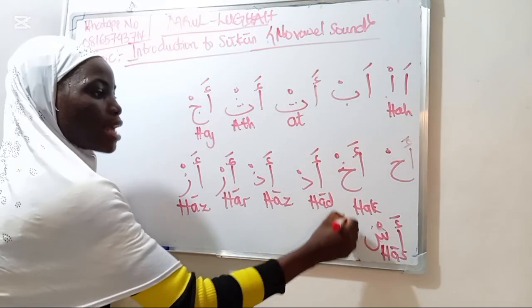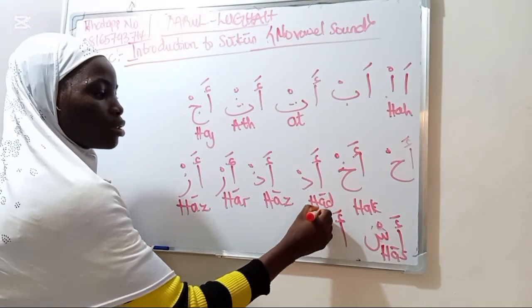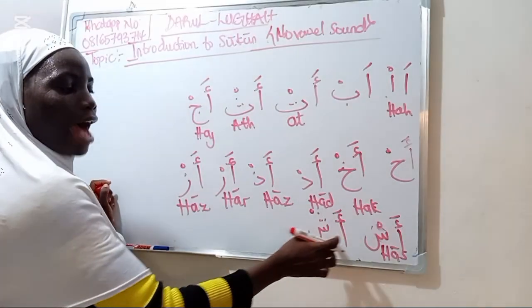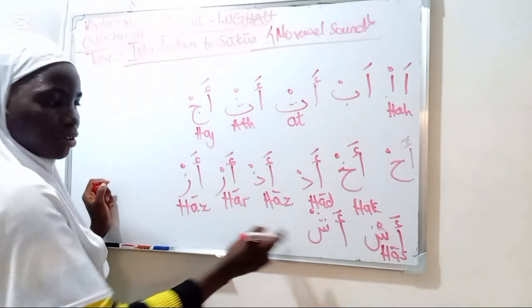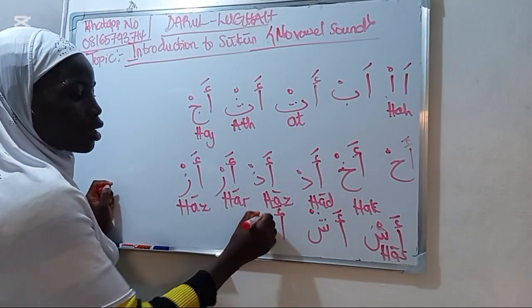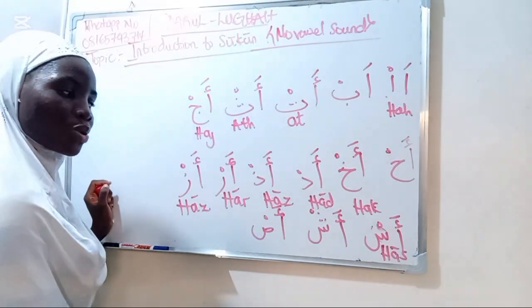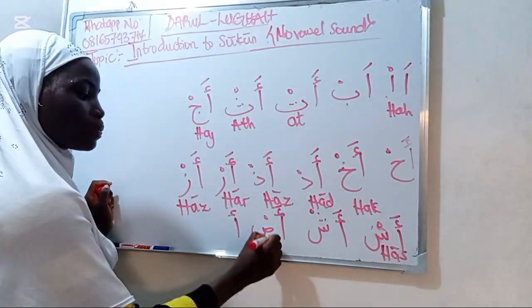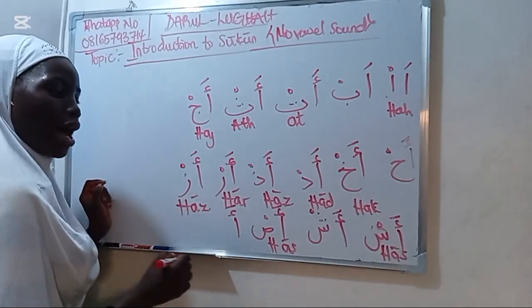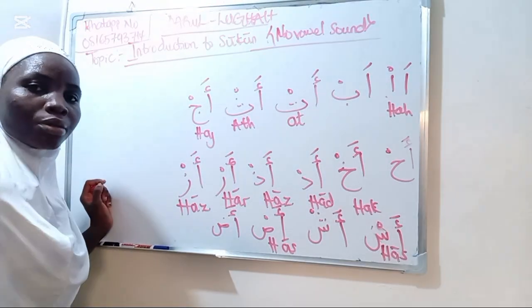Now we have alif fatha a, shin sukun. Since letter shin sounds sh, pronouncing that a and sh together, ash. Alif fatha a, sad sukun, as. Now alif fatha a, dad sukun, ad.